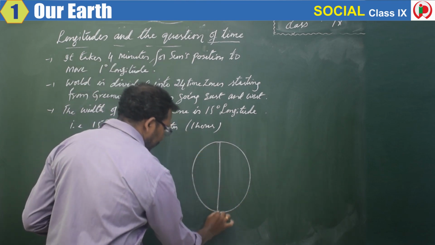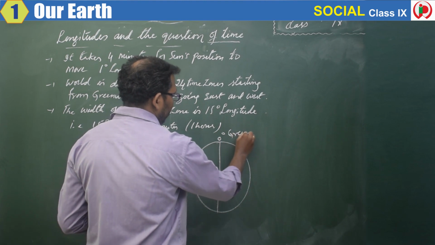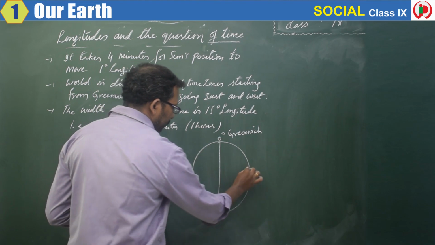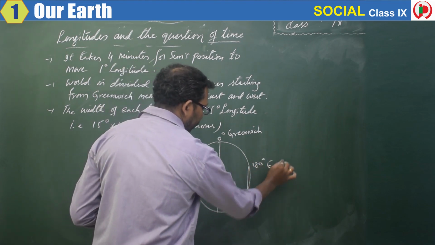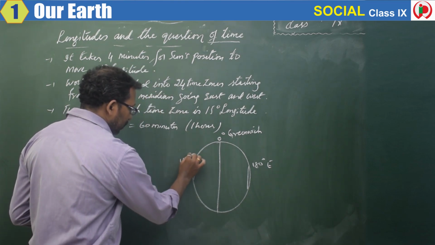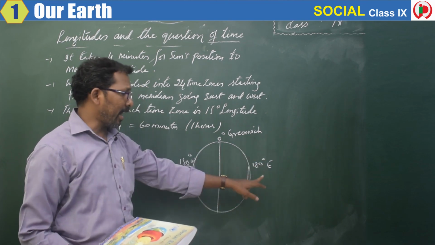This is 0 degrees, the Greenwich meridian, and this is 180 degrees east and this is 180 degrees west.